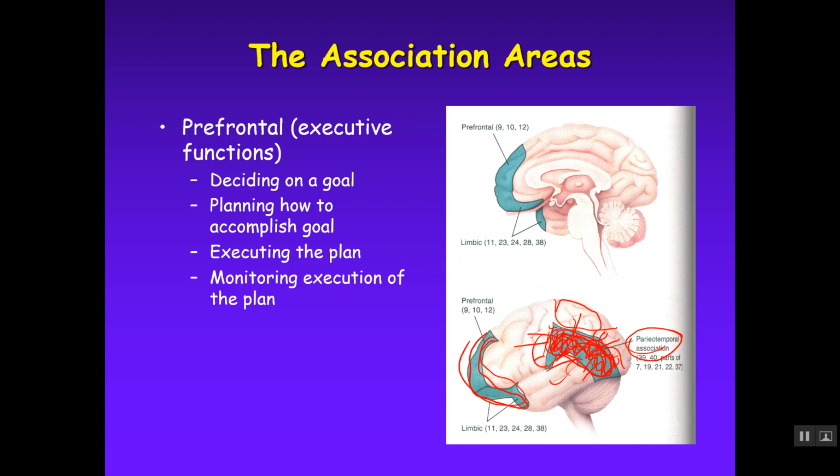That's where you finally make sense of it all and are really able to make decisions and move, and make decisions based on information with the prefrontal lobe. And the parietal temporal association brings all those modalities of sensation together to give us a better sense of where our body is in the world and space and all those kind of things.